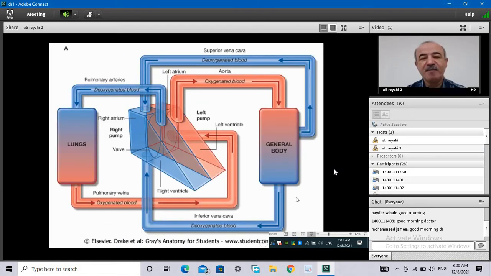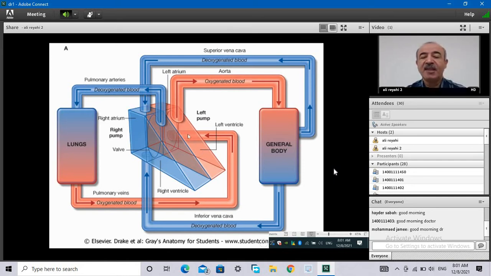This picture shows the schematic shape of two systems of circulation of the blood: the systemic circulation, and the respiratory or pulmonary circulation.